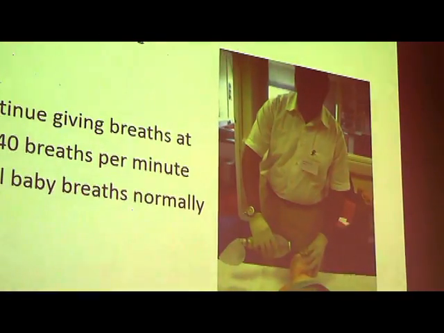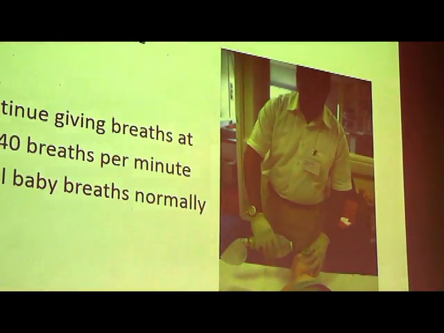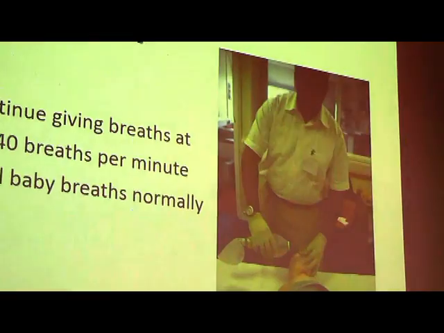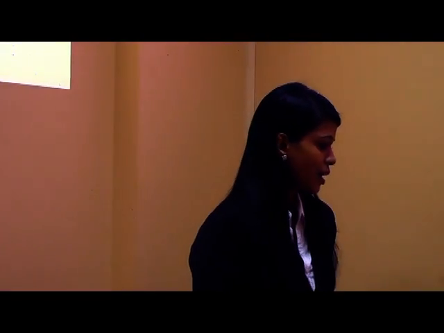Then take the stethoscope again and reassess the heart rate. If the heart rate is still low, below 60 beats per minute, it means inadequate ventilation. Then you have to give ventilation breaths to the baby, as you can see the nurse doing.